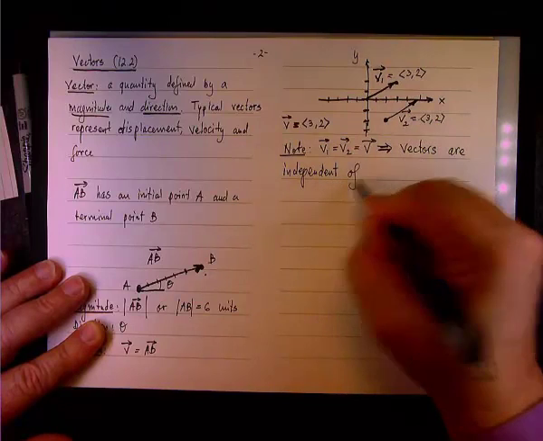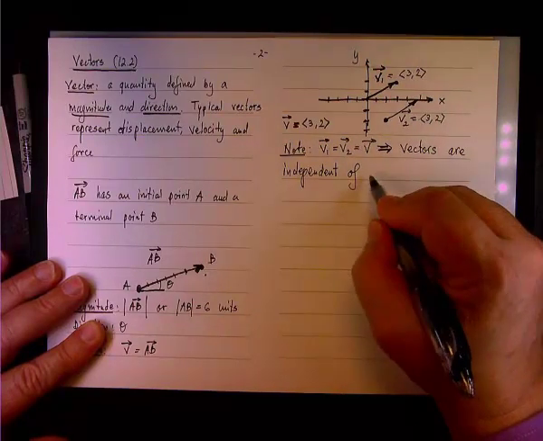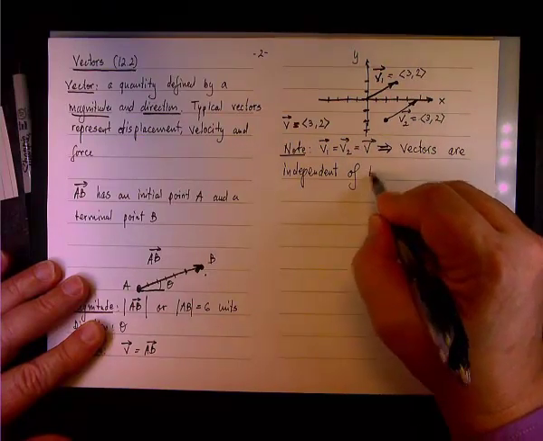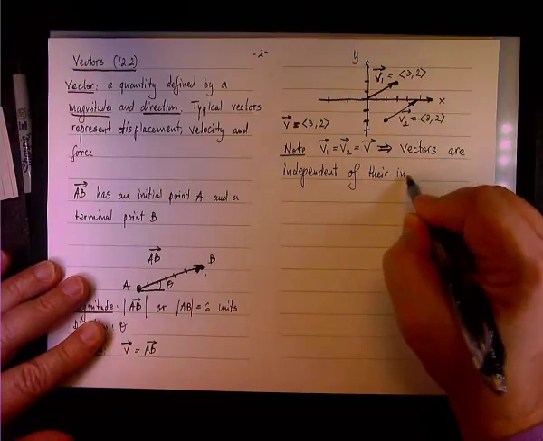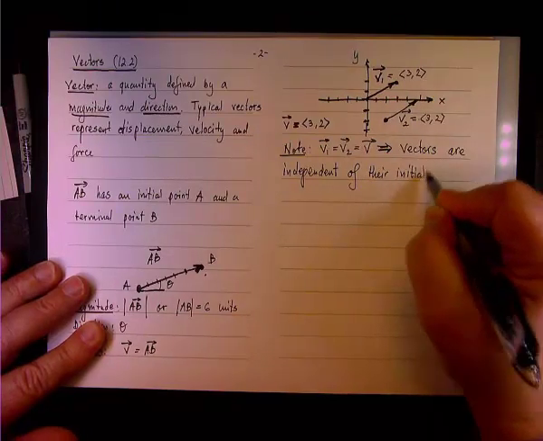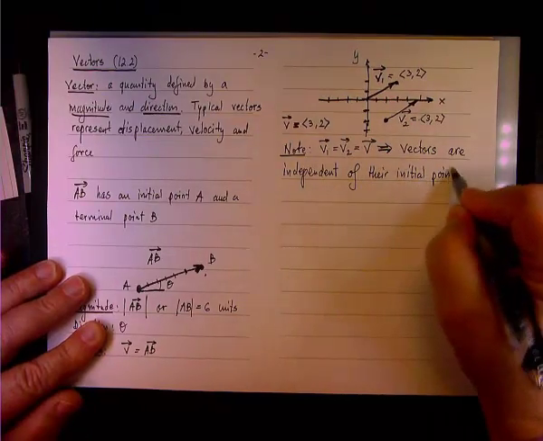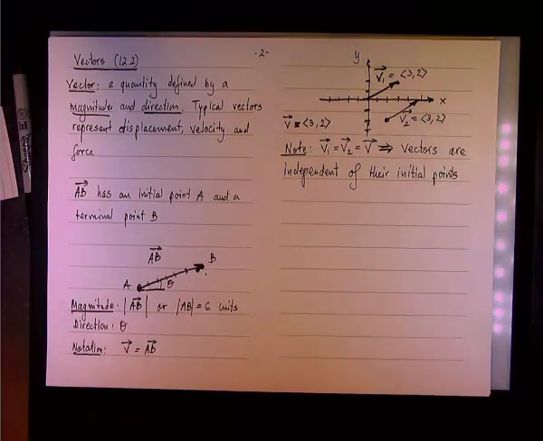Vectors are independent of their initial points. So you can move, and we will move the vectors either on a plane, on the xy plane, or in space, and it is going to be the same quantity, because the magnitude and direction remain the same.